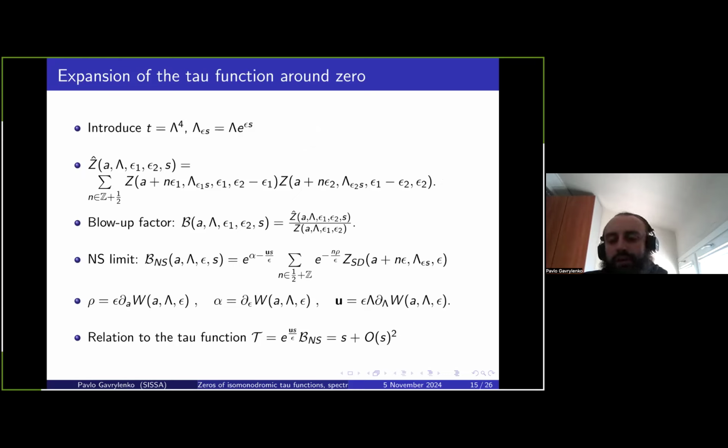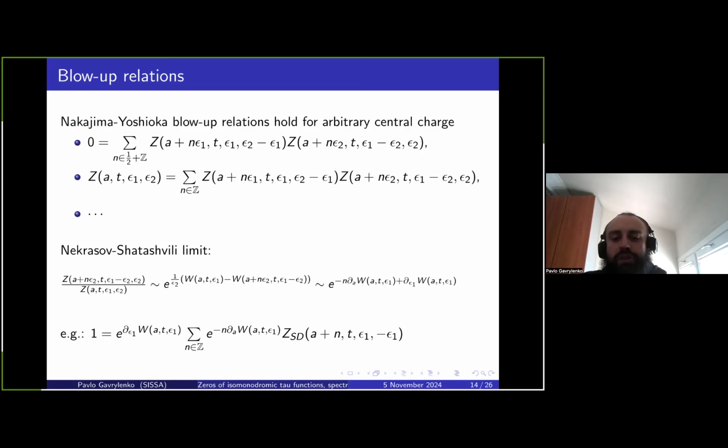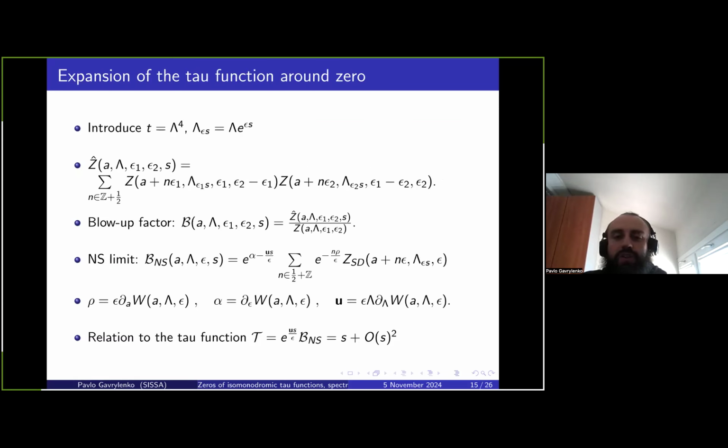So we can also use these block relations to describe the expansion of the tau function around its zero. Here we introduce slightly different variables, namely we introduce some variable lambda of dimension 1, tau is lambda to the fourth. And we also introduce the so-called block factor.